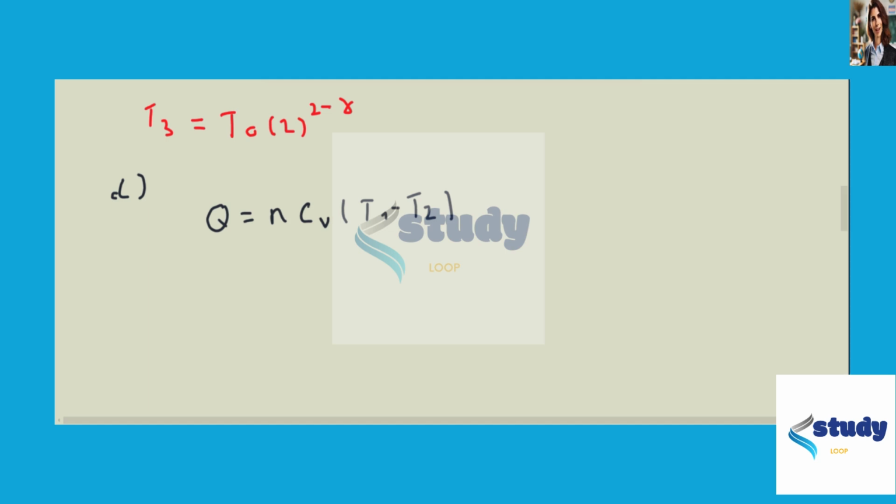We obtain P0 V0 over R T0, and then here we have CV plus R. This is because this is the relationship for the heat capacities, and then for the temperatures we know this is 2T0 minus T0.